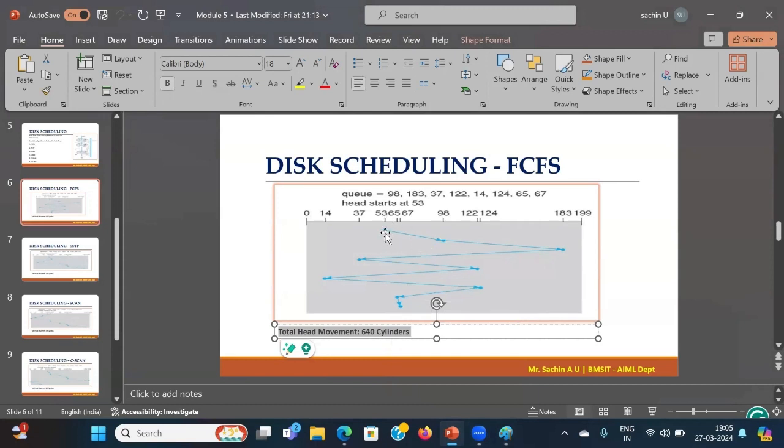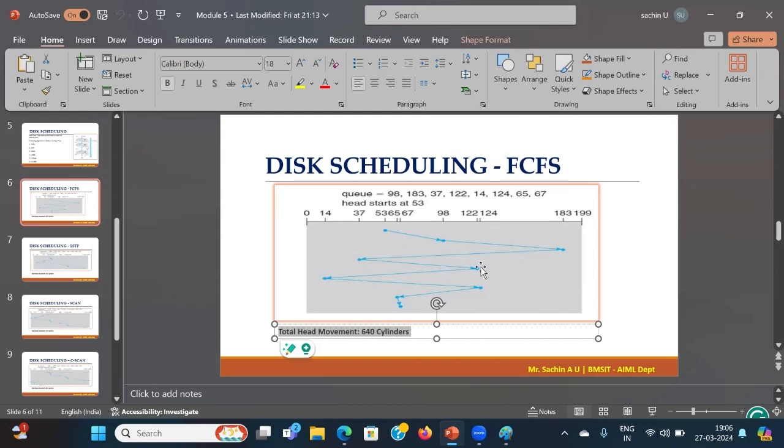As it is on 53, first it has to move to 98, that is 98 minus 53, plus 183 minus 98, plus 183 minus 37, plus 37 minus 122. Don't do that, please, because it will come in the minus factor. That is why you have to do 122 minus 37.